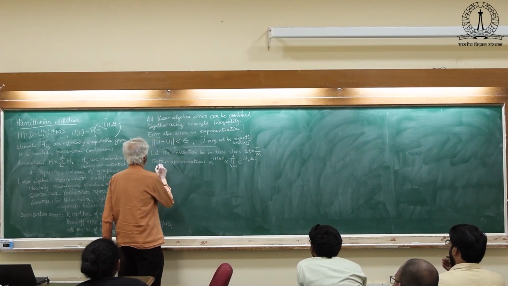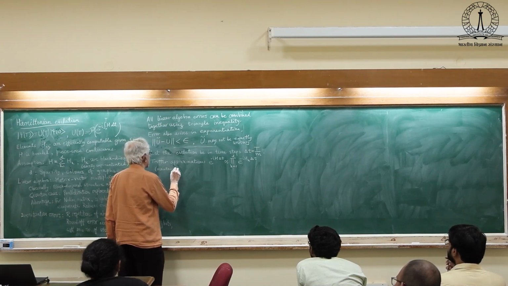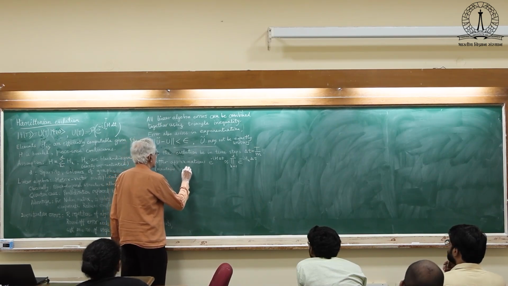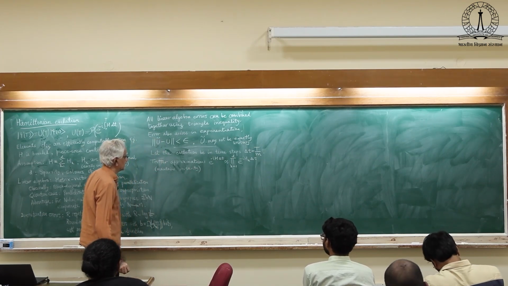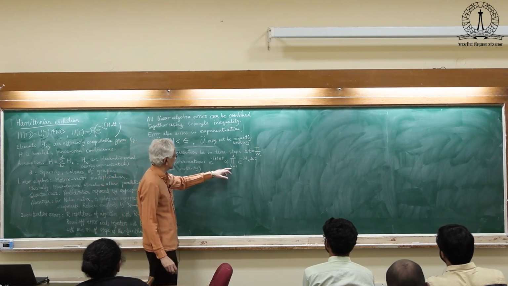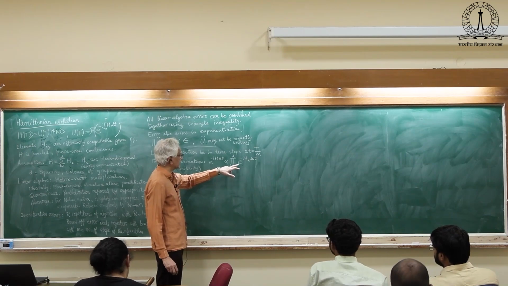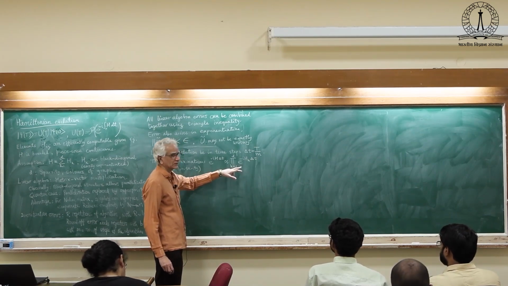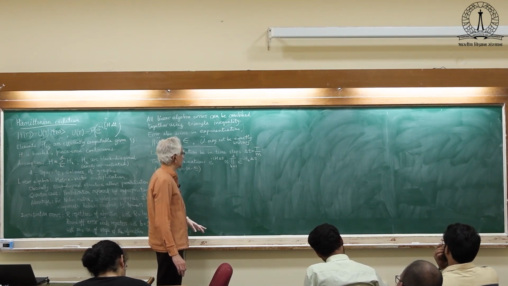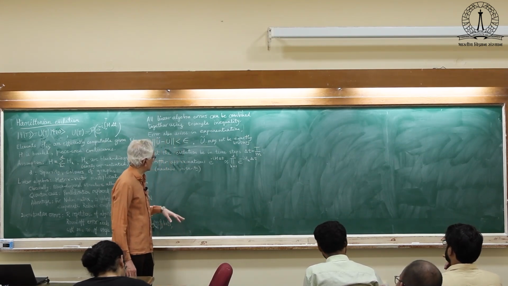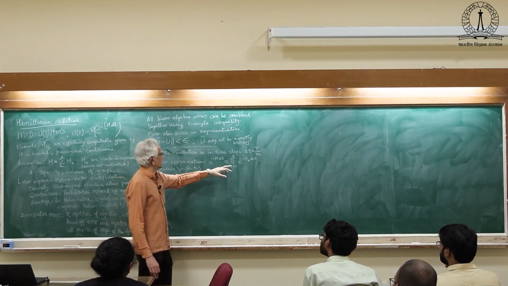So what is the error? The error depends on all kinds of ways in which you can multiply these factors together. There is a whole expansion constructed by Suzuki, so it's called the Trotter-Suzuki expansion.